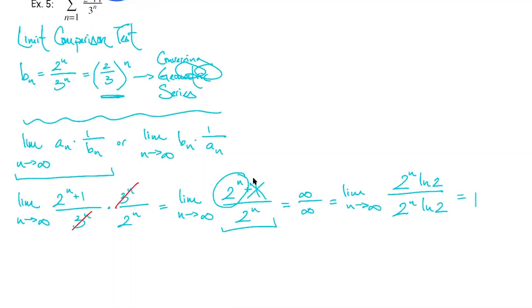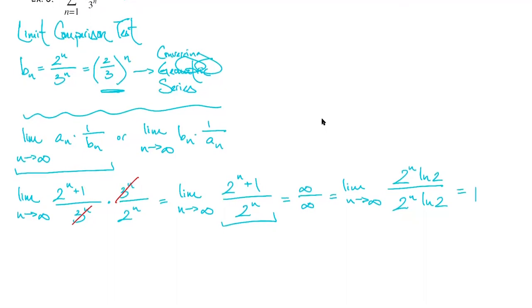As n gets to infinity, adding 1 is going to be no big deal, which means I really have 2 to the n over 2 to the n, which is getting us to the 1. So depending on your future coursework, that might be some reasoning that you can do to say, I could use L'Hopital's, or I can see the end behavior is going to be this. All right.